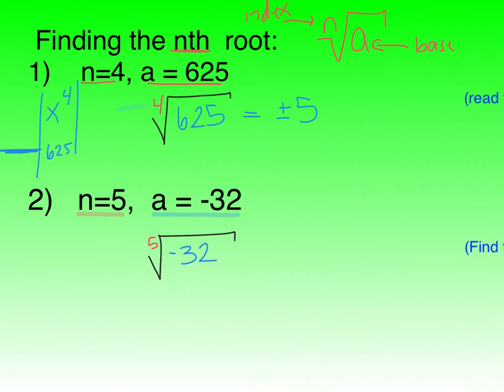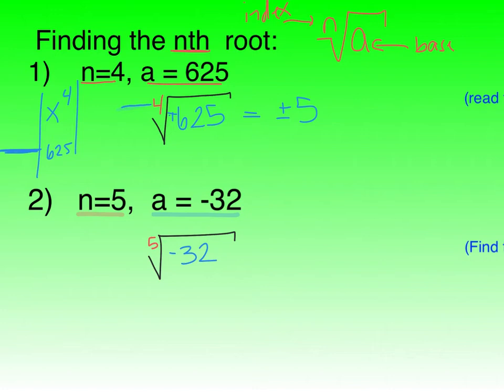Well, just like up here I had plus or minus. Notice if I had a fourth root, I'd have a positive number to do a fourth root, right? Because no number multiplied by itself 4 times will get me a negative. Now we have i, but i is only in square roots, not in fourth roots.